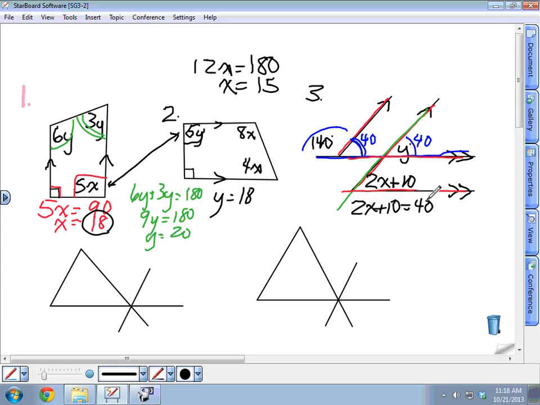Would that be wrong? 2x plus 10 plus 140 equals 180. Yeah, you could do that also. Okay. But I didn't have to. I just kind of go right around from one angle to another here, right? Yeah. Okay. So 2x is equal to 30 and x is equal to 15.